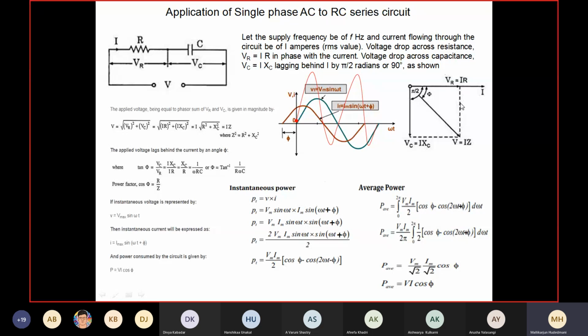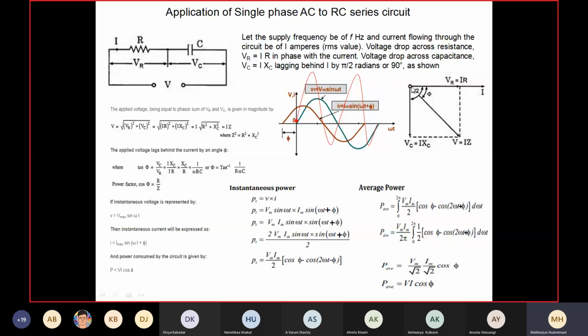When I have this side Vc and an adjacent side VR, when I take a vectorial addition, this represents applied voltage capital V. I would say VR plus Vc is V. Then I into R plus I into Xc equals I into Z, I into impedance. You can see here the same thing written.